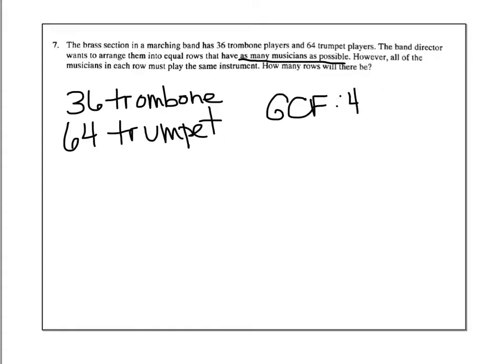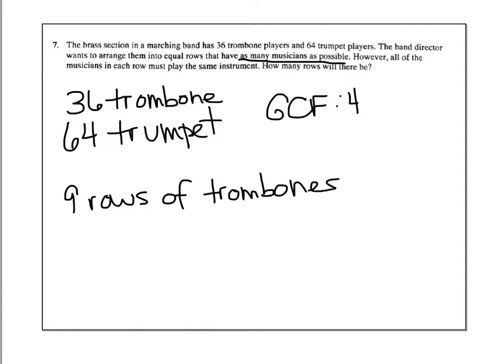If I put 4 players in a row, that means we have 9 rows of trombones, 36 divided by 4. 64 divided by 4 would be 16.